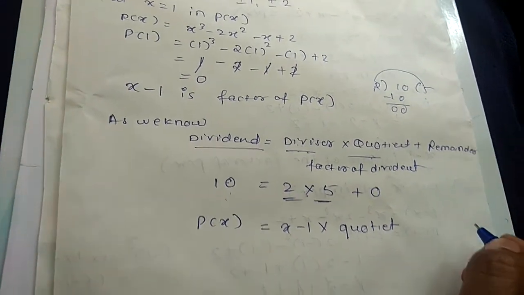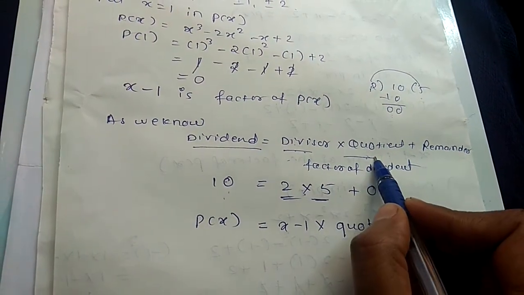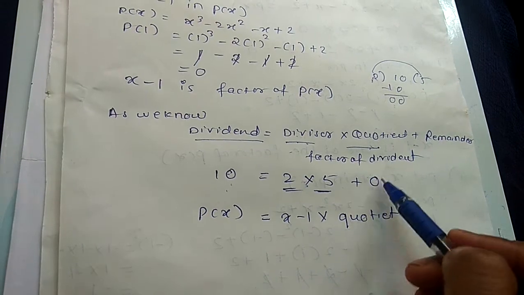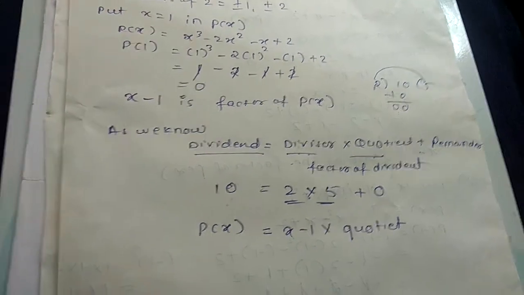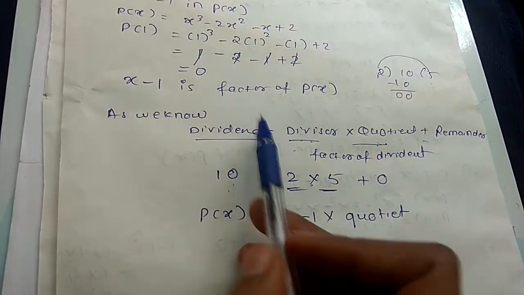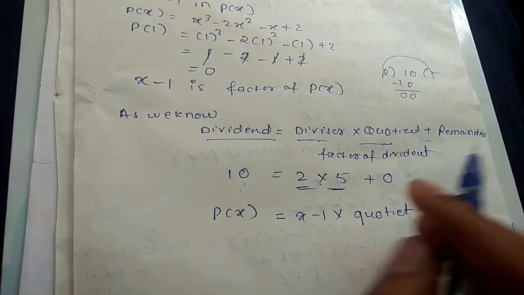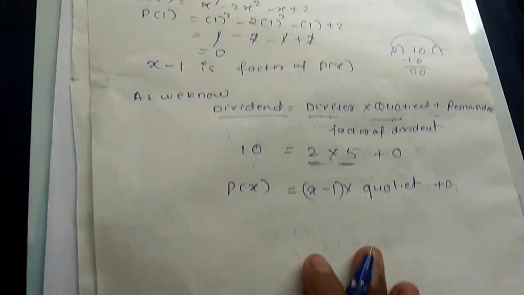If these two are completely factors of the dividend, then we will always get remainder 0. If they are not, we will get some other remainder. So plus 0 here. Let us divide this.